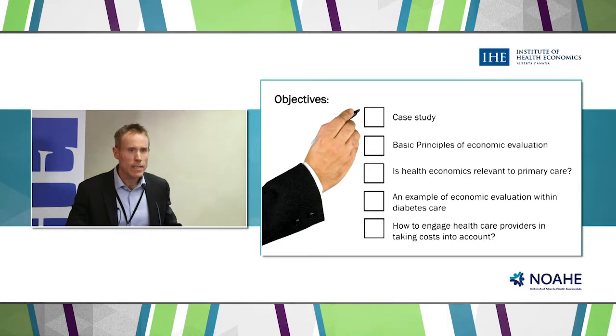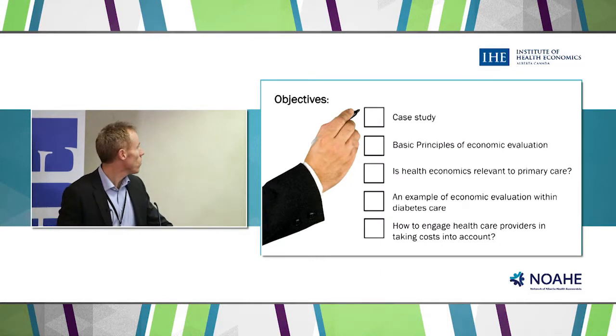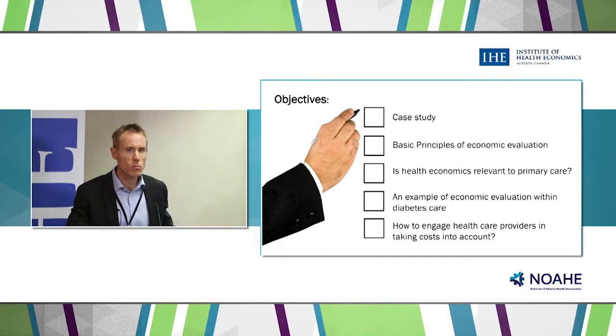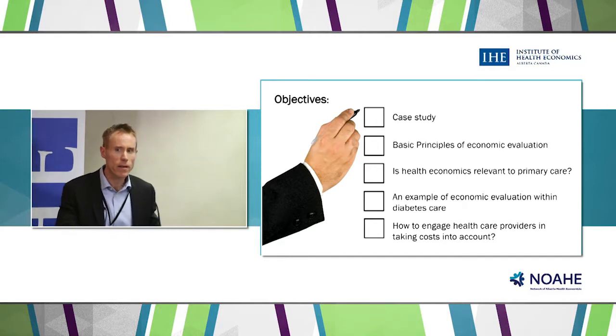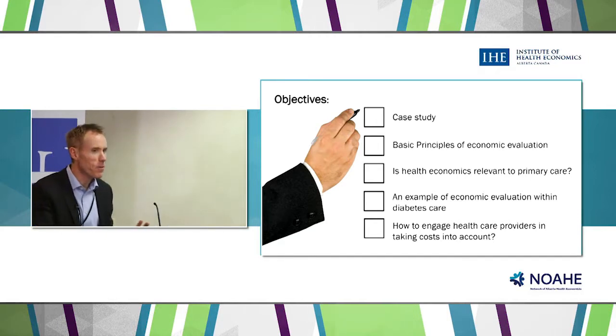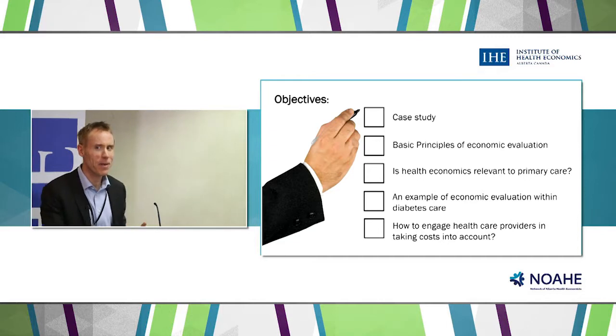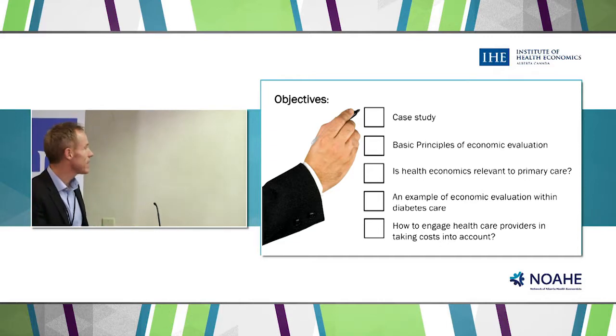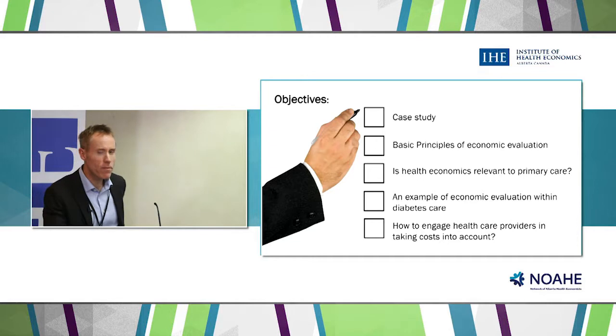So the first thing, the case study. A 67-year-old woman is seen in primary care. I'm used to having a computer in front of me, so I'll try to talk at you, but I need to glance back to see the slides. She's come in for follow-up for her blood pressure and her diabetes. She's on a few pills for her diabetes and a blood pressure medicine.